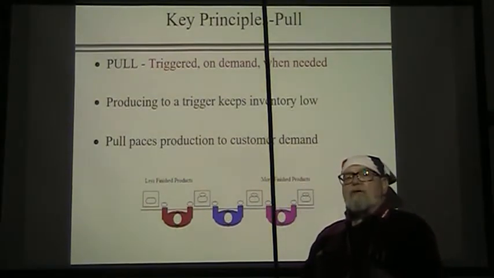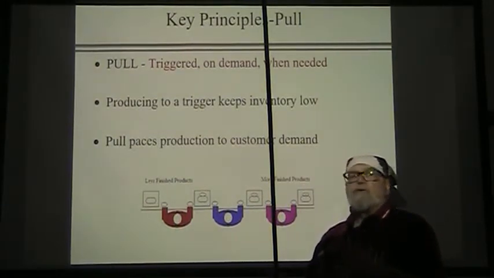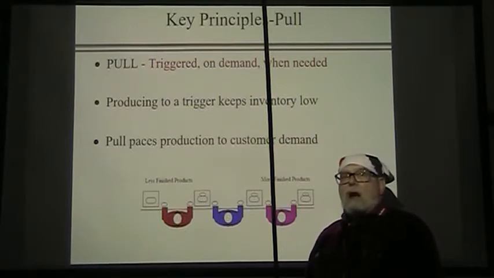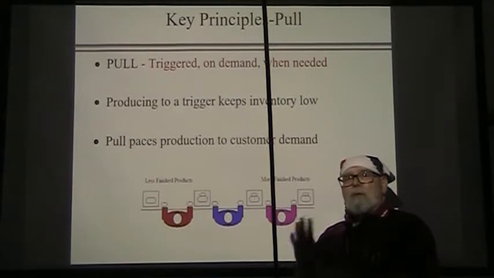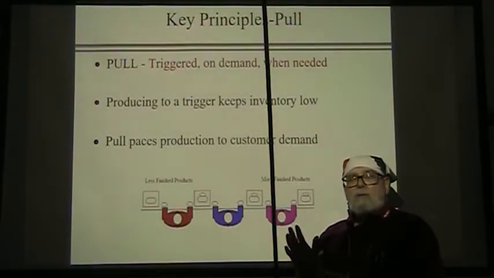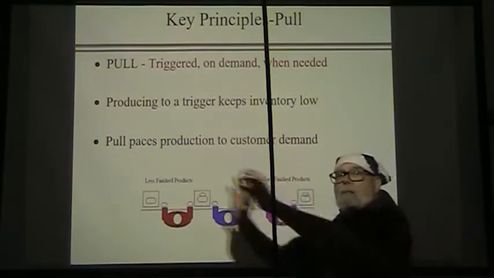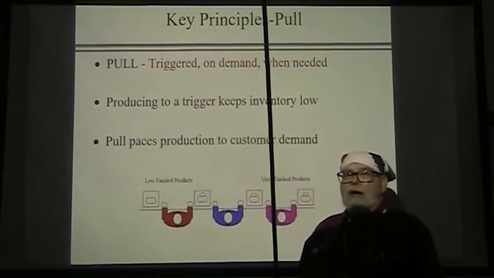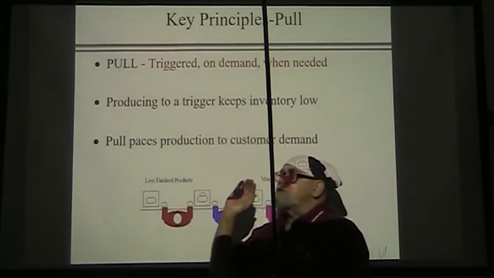In manufacturing, we have the idea of push versus pull. Pull, excuse me, not pool. Push versus pull. Push means we just throw a bunch of material out on the floor and say, all right, boys, let us know when you're done.